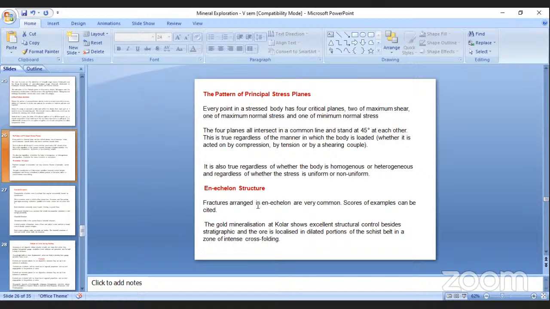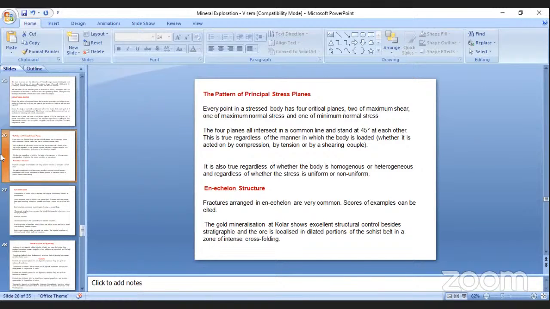Next one is the echelon structure. The fractures which are arranged en echelon are a very common feature. The best example for this is the gold mineralization at the Kolar mine.